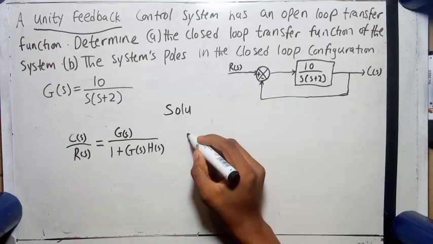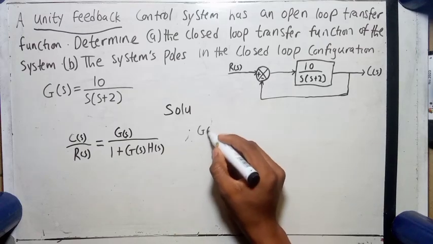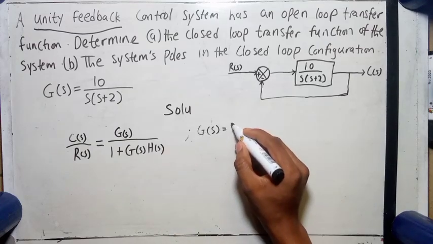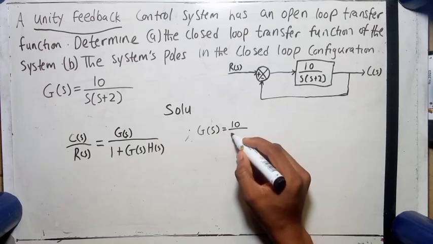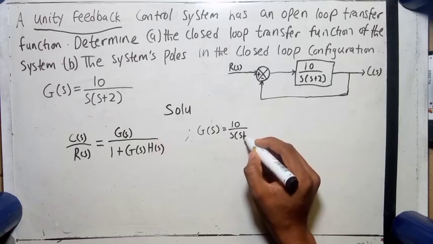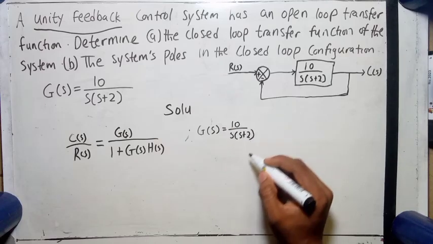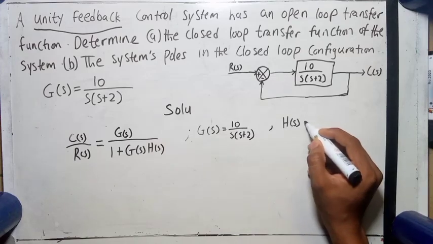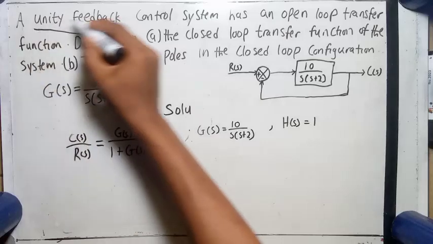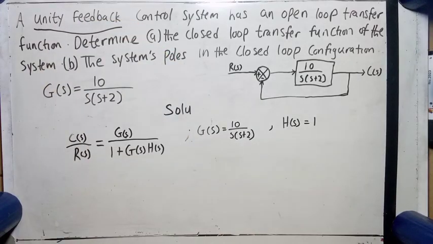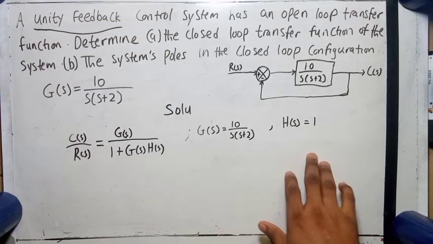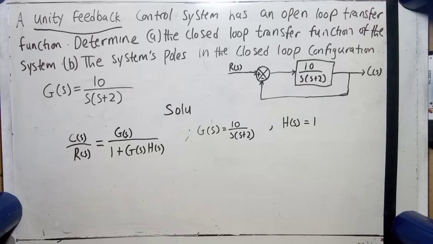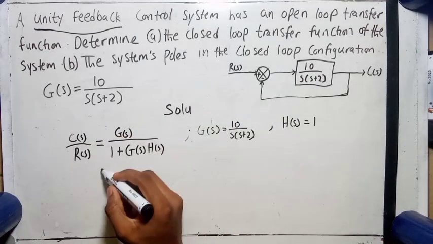Now we are told that our G of S is 10 over S bracket S plus 2. And we are also told that our H of S is equal to 1 due to this statement there. Now with this we can write this expression to be this.